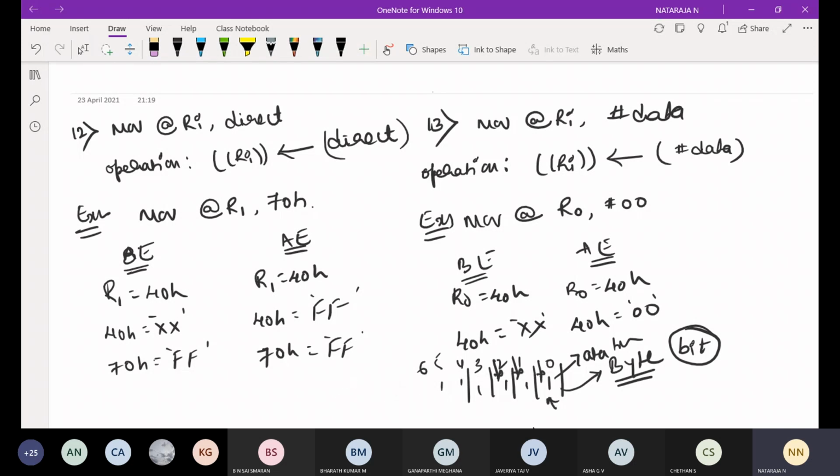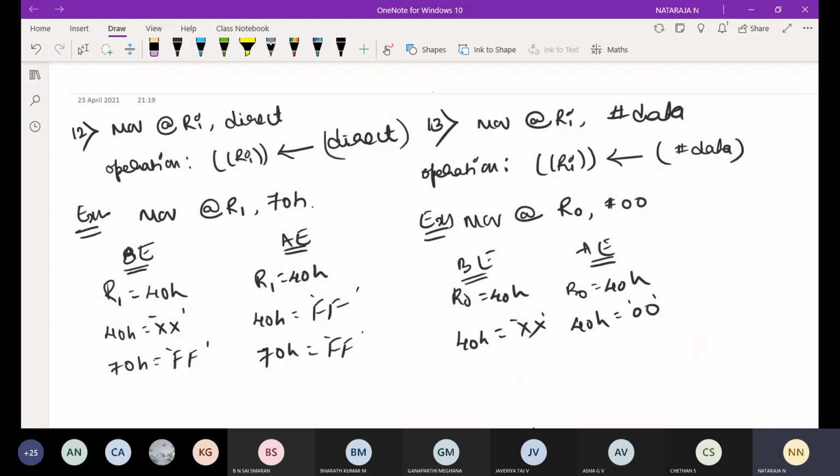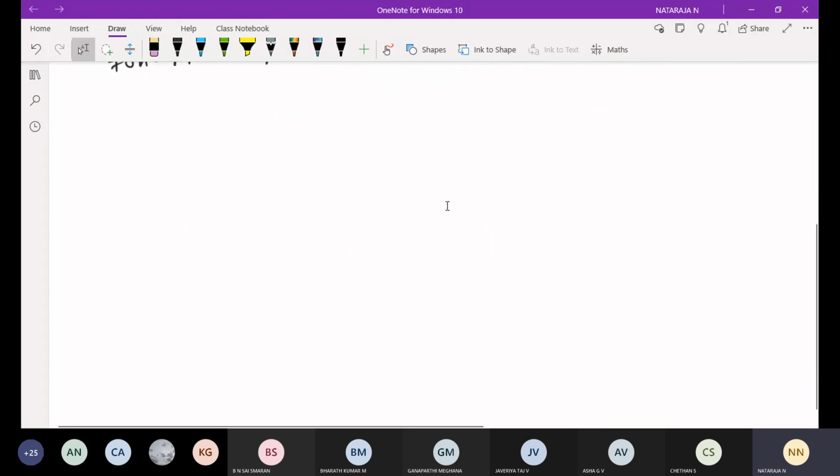These are the byte transfer instructions. Now we are going to discuss bit transfer instructions. For that, make a note of this. MOV destination bit, comma, source bit.